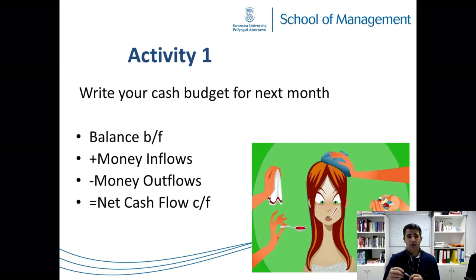Then you need to take away any money outflows, such as rent, salary, electricity, petrol, shopping, gym, phone. All of these are money outflows. So you should end up with a net cash flow carried forward. This means at the end of next month you will see how much cash you expect to have.